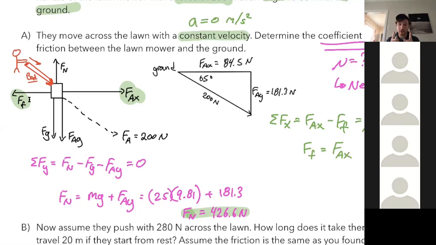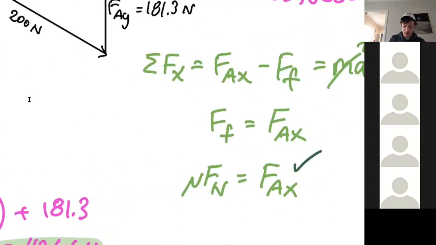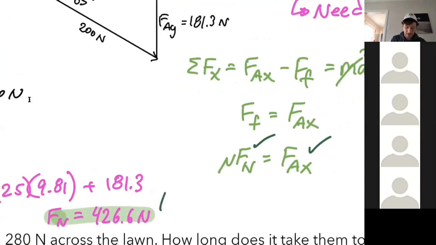But we're not looking for our friction, we're looking for our coefficient of friction. So let's say mu Fn is equal to our applied force in the x direction. We know our normal force, because that's just our pink thing right here.